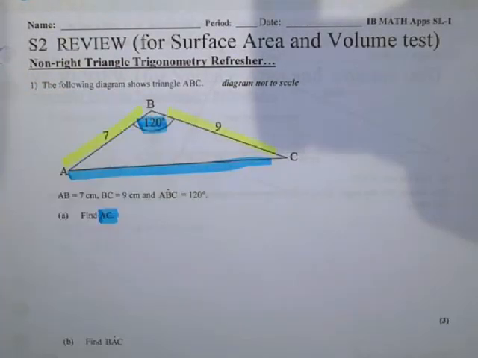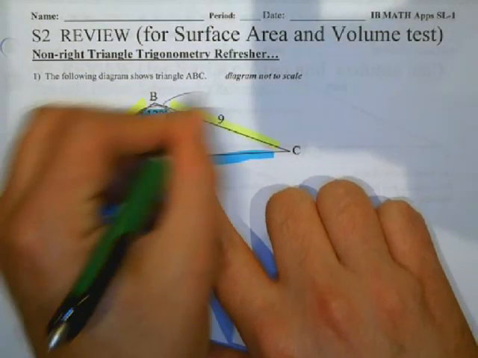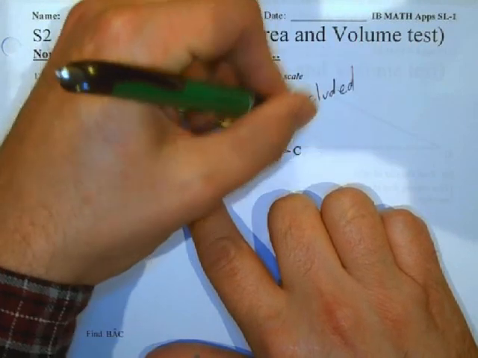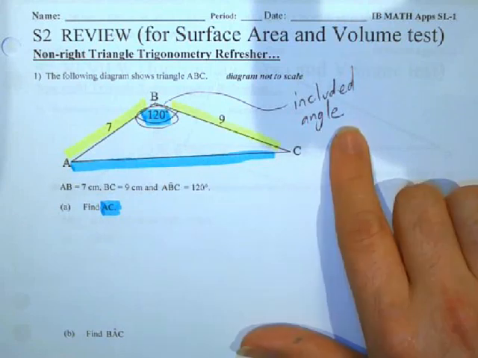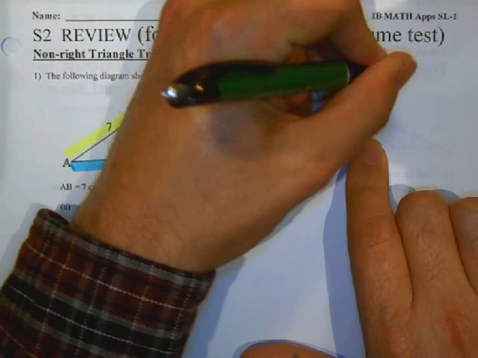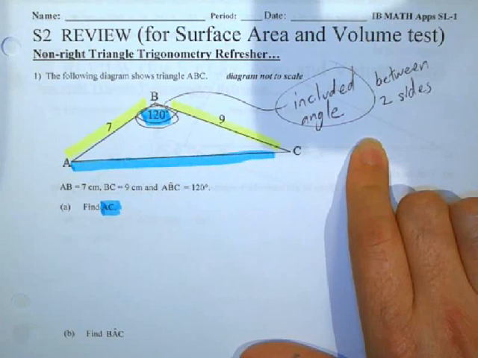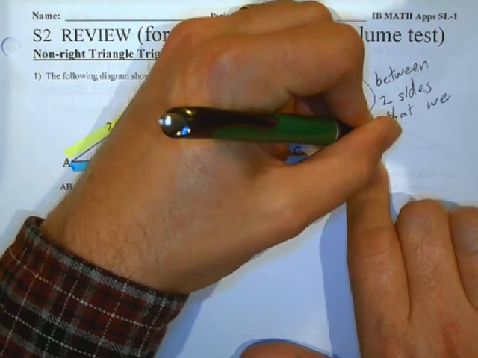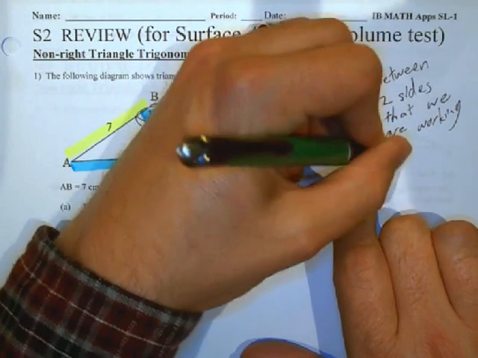So when you have an angle between two sides that we know, this is an included angle. Included angle means it's an angle between two sides that we're working with. Okay?